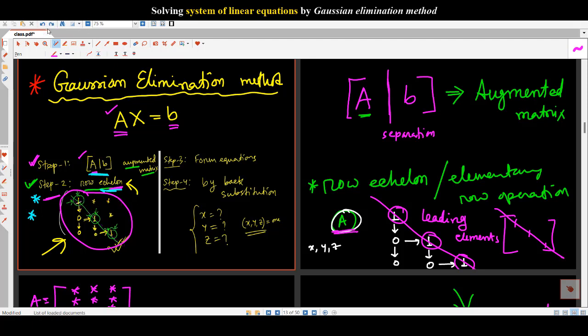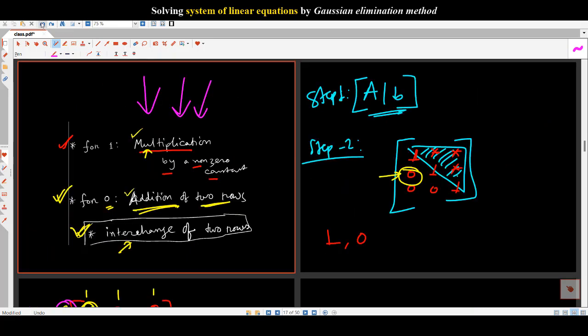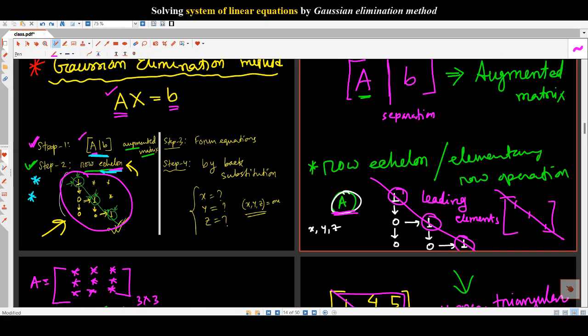But going with this process, if ultimately we are stuck, then we may have many solutions, we may have no solution. But if we are easily getting 1 1 1 in the diagonal portion, then that will give us one solution or unique solution.